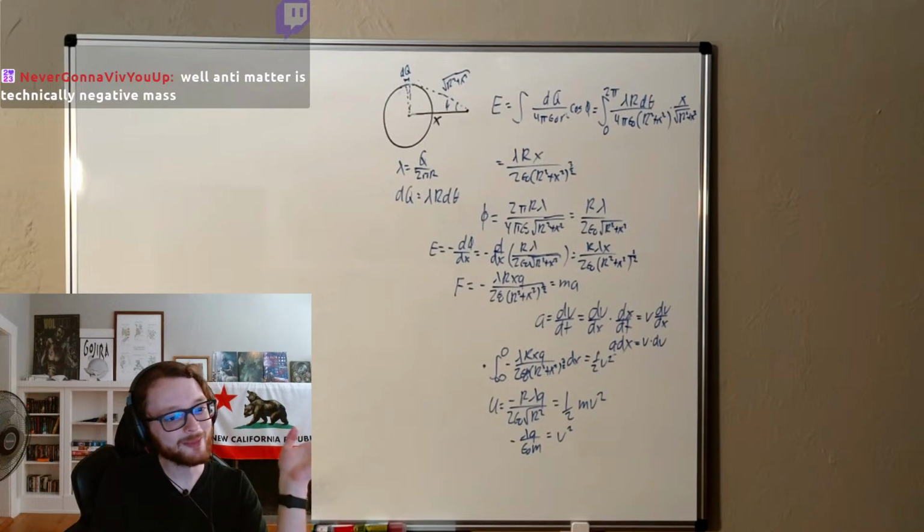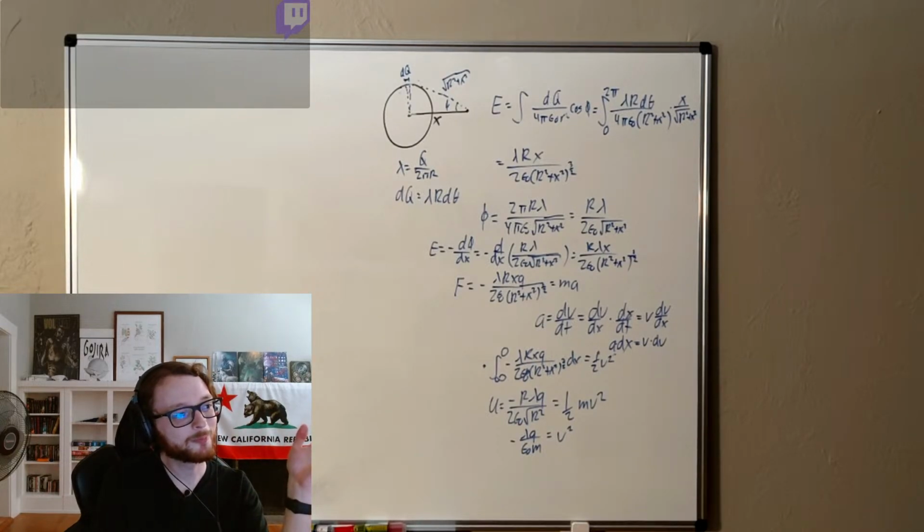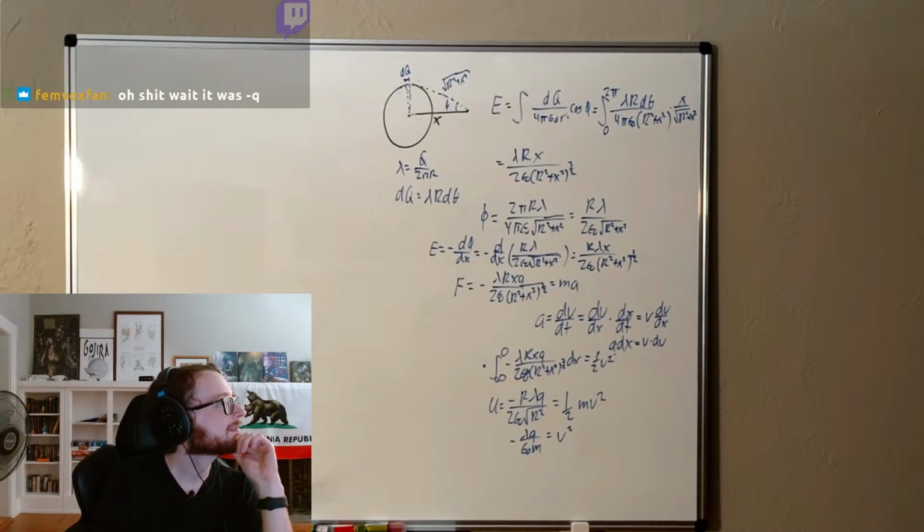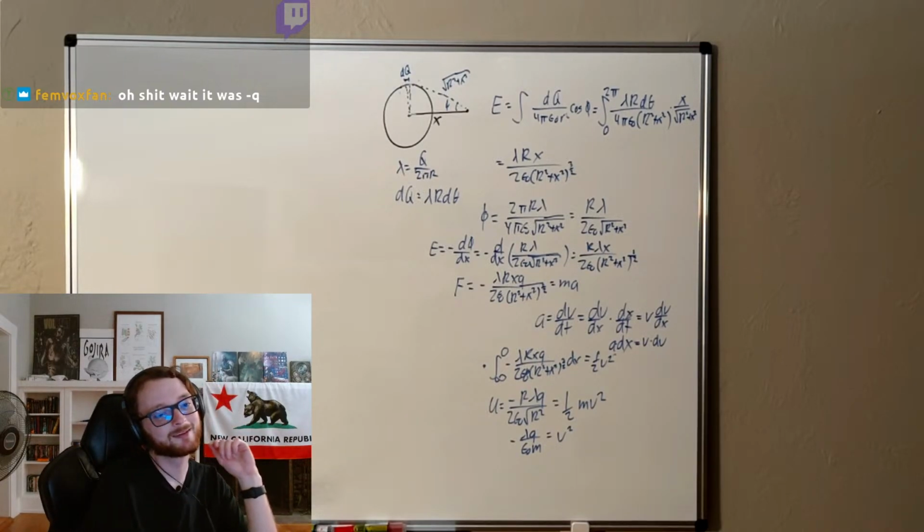It must be the r squared with the square root, but how can we possibly justify making that negative r, physically?